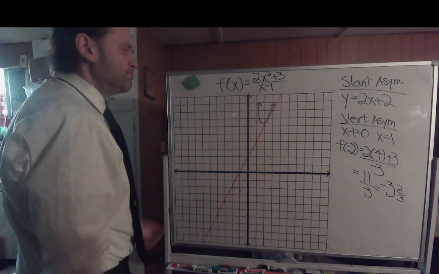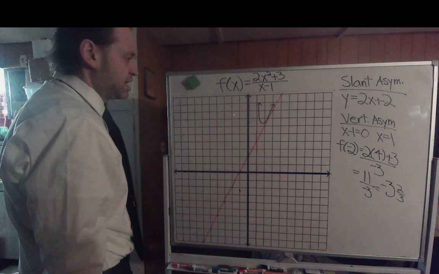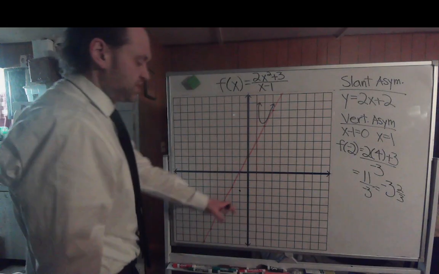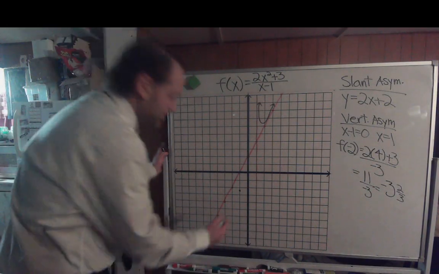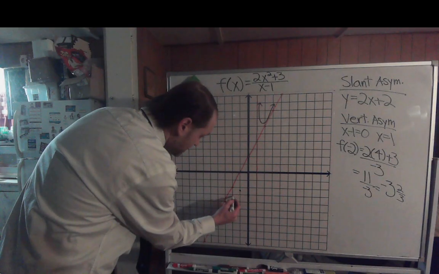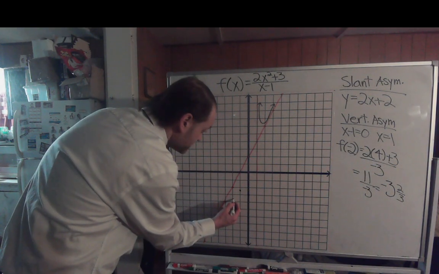So it's really weird. We rose again, but then we dropped again. So, negative 3 2/3.